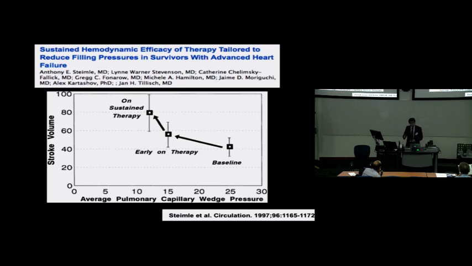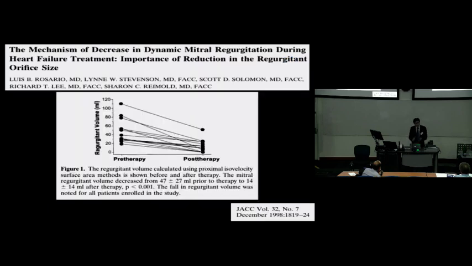But these studies go back 20, 30 years, and they have demonstrated consistently in patients with heart failure and reduced ejection fraction that it lowers your wedge pressure, but at the same time, it also increases your stroke volume. And the reduction in LV volume also reduces functional mitral regurgitation. So functional mitral regurgitation is a consequence of dilatation and remodeling of the heart.